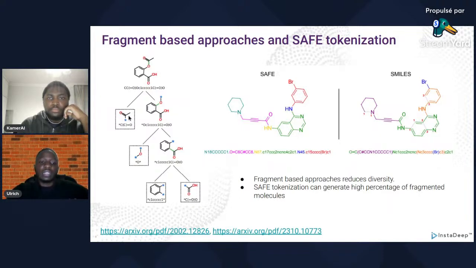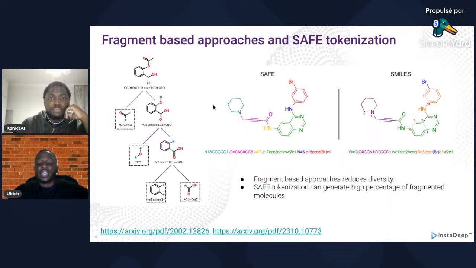So this limits the diversity of the type of molecules you have, because you have huge fragments that you can't really modify. All the machine learning algorithm does is link at most one, two, three or four fragments to form a new molecule, and that really limits the diversity of being able to generate new molecules. So that was the approach.